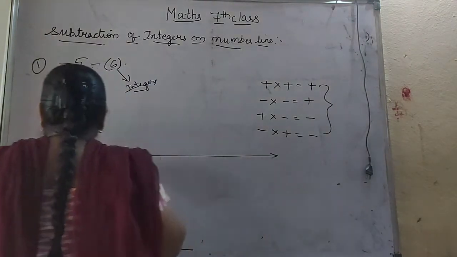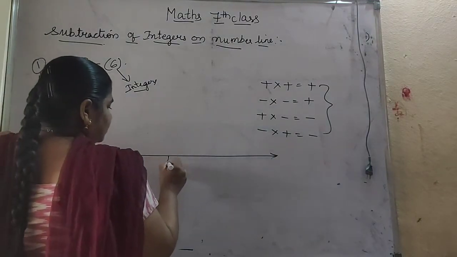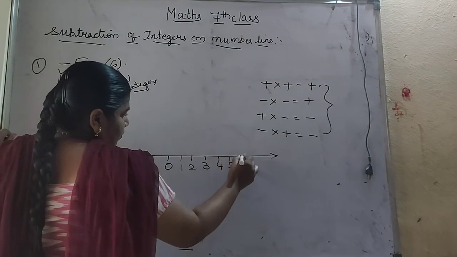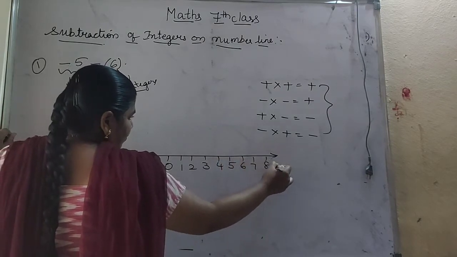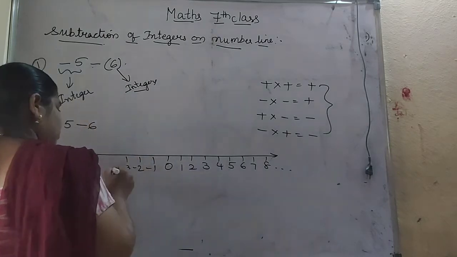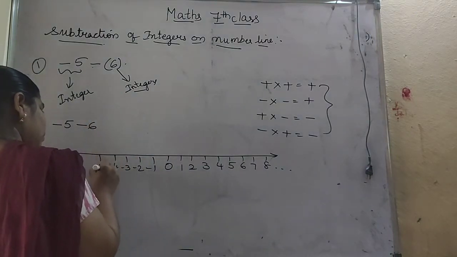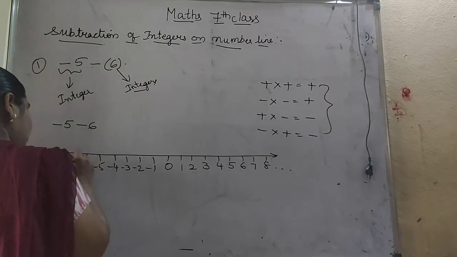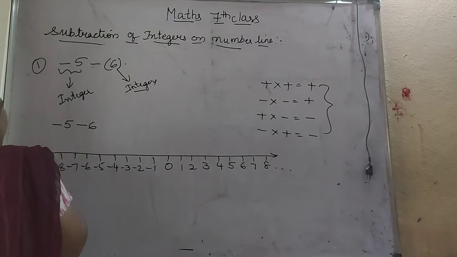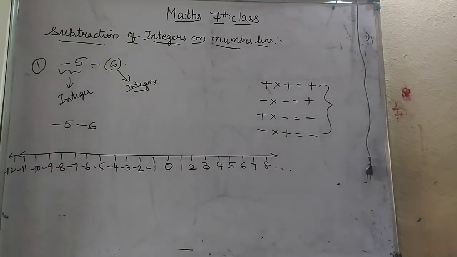We have to draw an integers number line. So this is our integers number line.